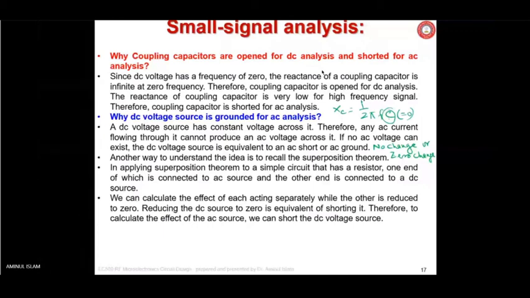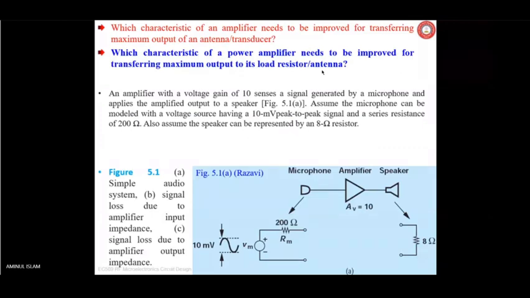No change occurs, and change is required for AC, maybe sinusoidal or so. So for an AC signal, the DC source is 0, an AC ground or AC short. Could you understand? We will be using all these concepts in future for our analysis of circuits. Remember that.